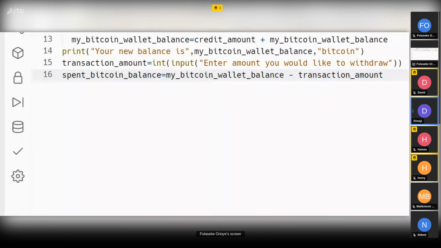Okay, if Nifemi is not answering, Hamza, the floor is yours. I think it's like the money you have spent out of the balance you have. All right. Let's take it on a logical level. Can you give me an example from Folashike's wallet? We're using Folashike's wallet.